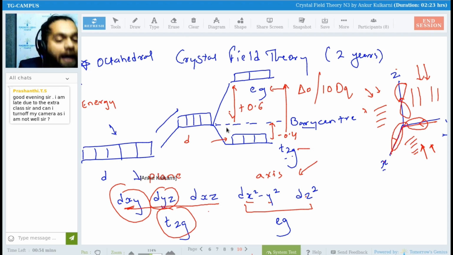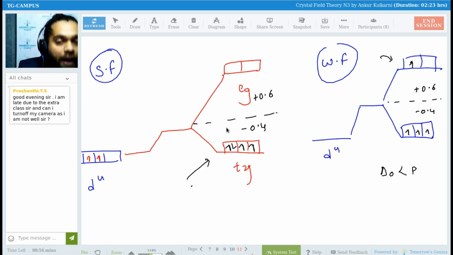These 3 orbitals are your t2g, which go down in energy. These orbitals are eg, which go up in energy. If you have a strong field, the electrons will pair. If you have a weak field, the electron will go up. Is it clear, Kevin?